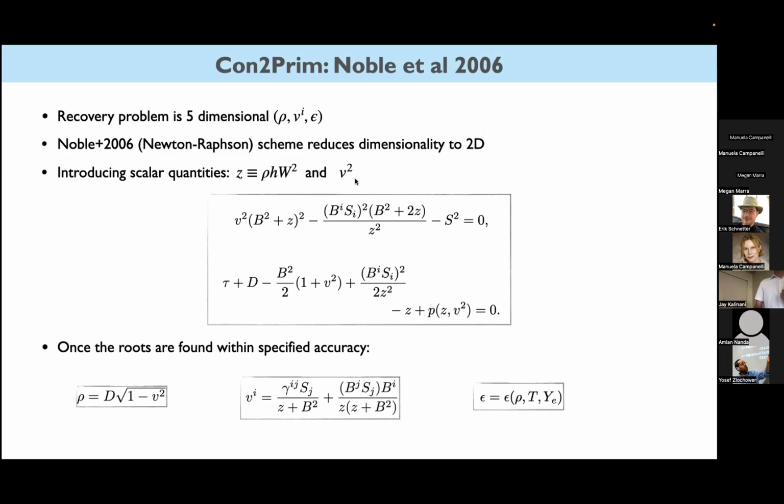Then you try to solve for the roots of these two equations for z and v squared. Once you have found the roots by applying some kind of Newton-Raphson method, you can then compute your density from v squared, as well as your three velocities, and then also compute your specific internal energy using the equation of state.